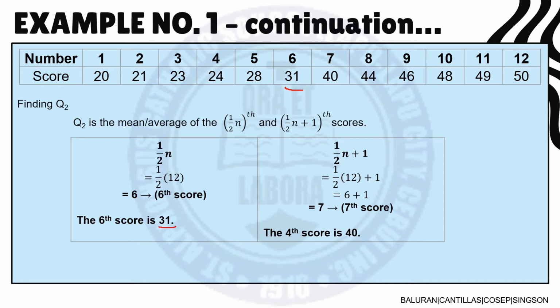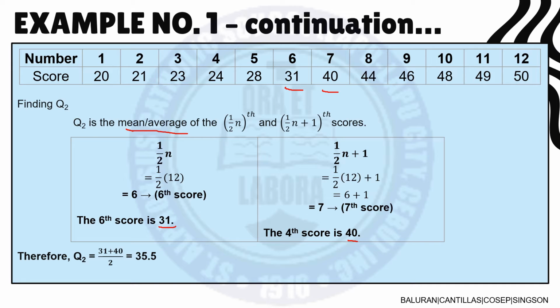Then, for the second formula, we have 1/2 times n plus 1. 1/2 of 12 is 6. Plus 1, it gives us 7. Therefore, locate the seventh score from the given data. We have 40. Since we are talking about the mean or average of the given two formulas, the value of the second quartile can be solved using 31 and 40.